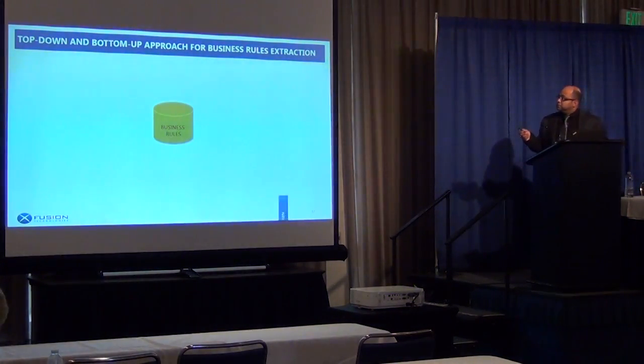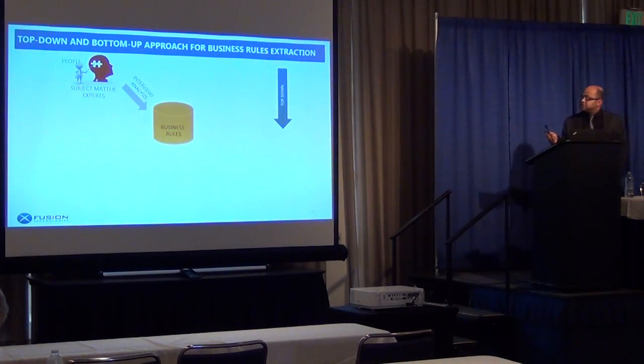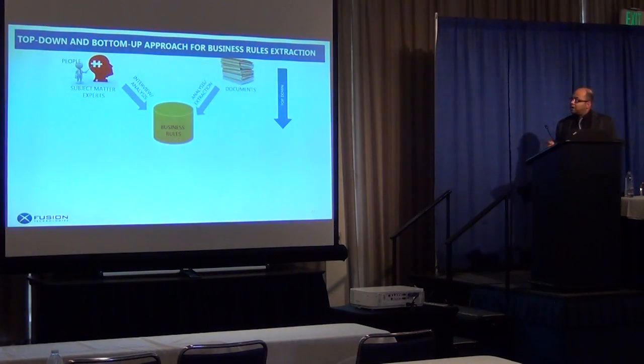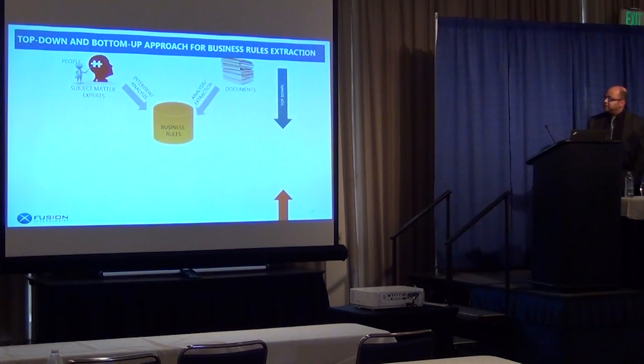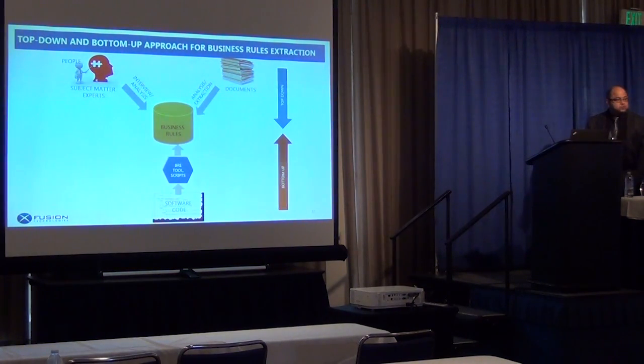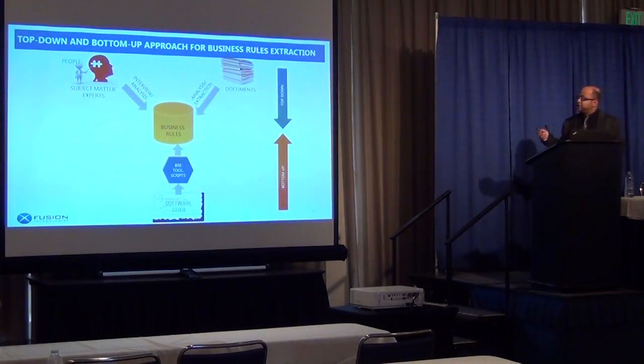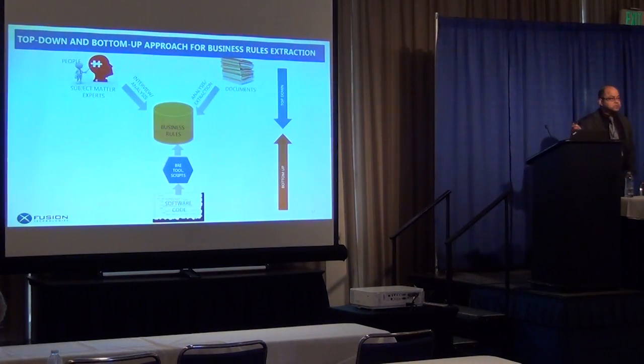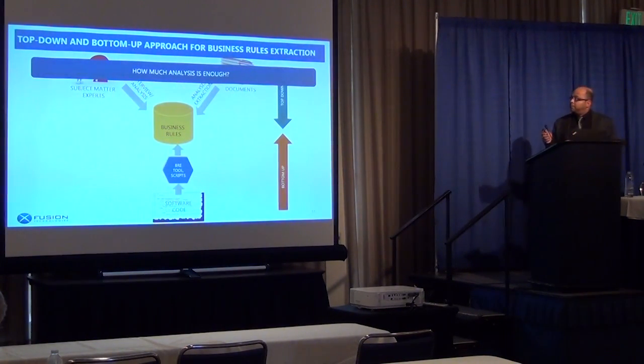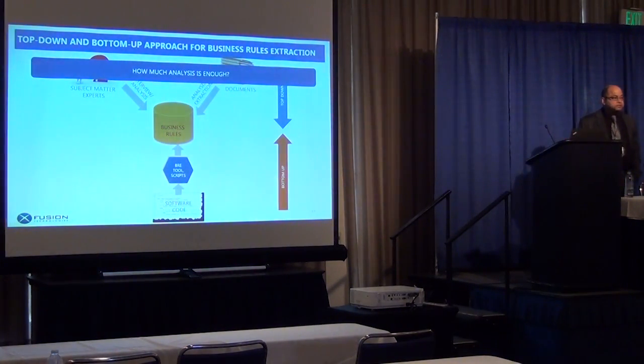Now the business rules extraction is also required. The business rules are in people's minds, they are in the documents, and they are in the source code. So all those business rules need to be extracted from different sources, okay? But how much analysis is enough?